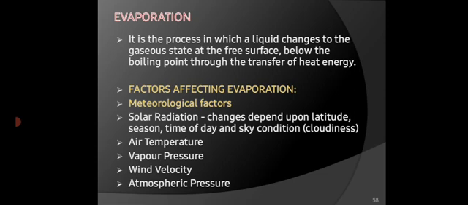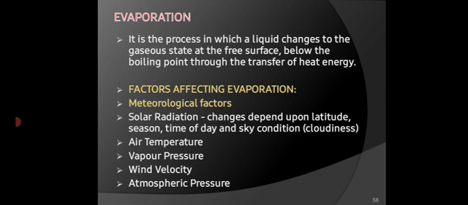Here, when we are discussing the factors affecting any hydrological parameter, what we have to discuss is whether that parameter increases or decreases the hydrological parameter, right? Like that, solar radiation increases evaporation by increasing the radiation. Air temperature: if temperature increases, evaporation increases.